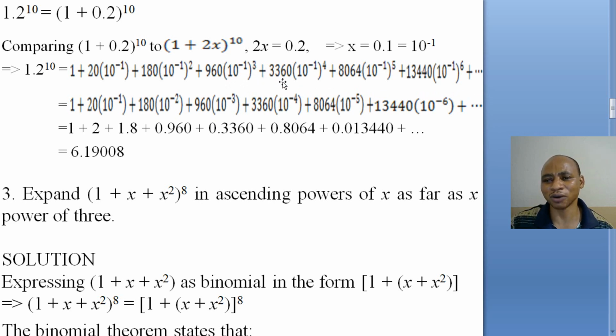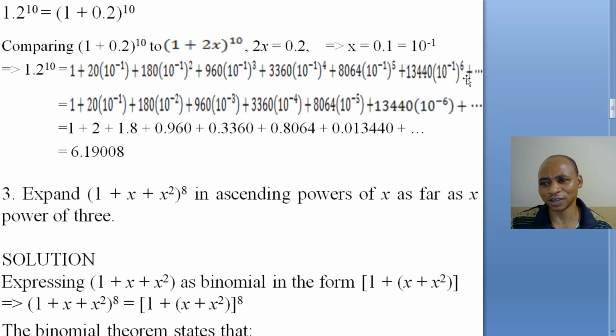plus 3,360 times 10 raised to the power negative 1 all raised to the power 4 plus 8,064 times 10 raised to the power negative 1 all raised to the power 5 plus 13,440 times 10 raised to the power negative 1 all to the power 6 and so on.